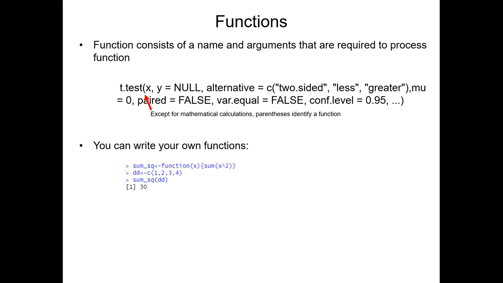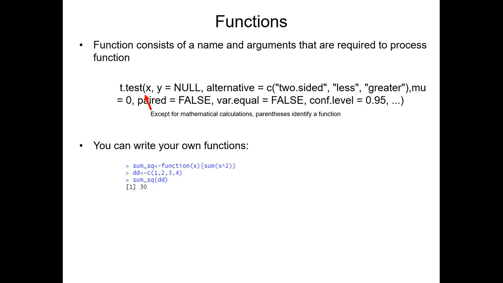And you can actually write your own functions too. This is handy when you want to repeat something over and over again and you don't want to rewrite the code. You can create the function up above in your code and just keep accessing that function down below. This is a really simple example showing how a function is written. In this case, it will square any values inputted and then sum those together.